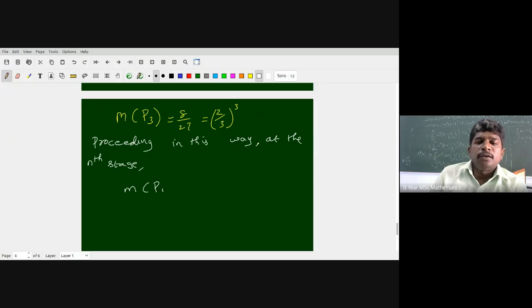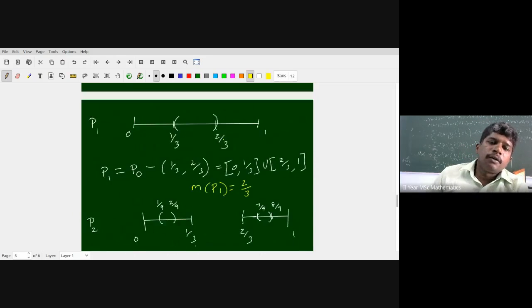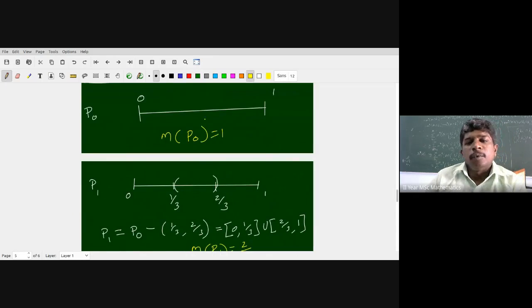The measure of Pn will be (2/3) to the power n. So don't worry about the intervals, right? The main thing is, from the interval P0 = [0, 1], the middle third is removed, you get P1.